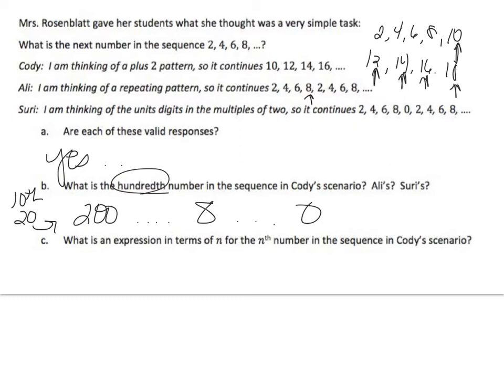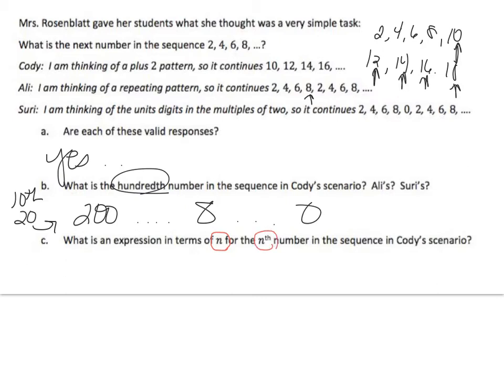So here is sort of what we're getting at for the day. What is an expression in terms of n for the nth number in the sequence of Cody's scenario? Here's where I would ask you, what does this mean? Nth term.